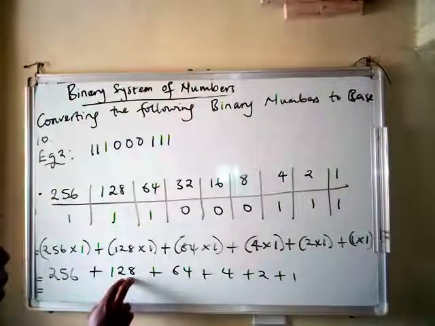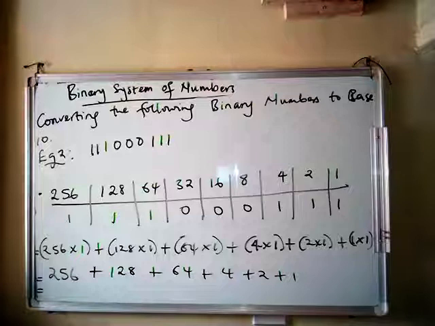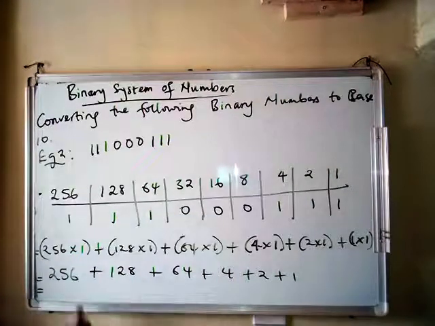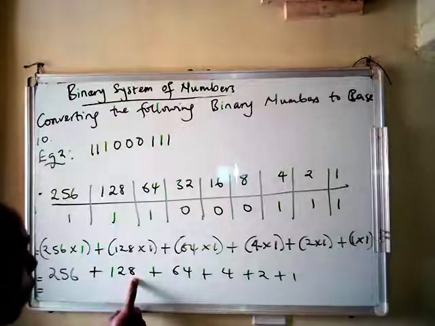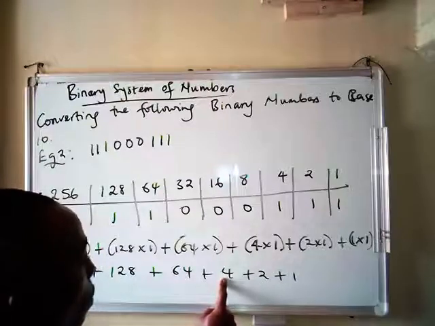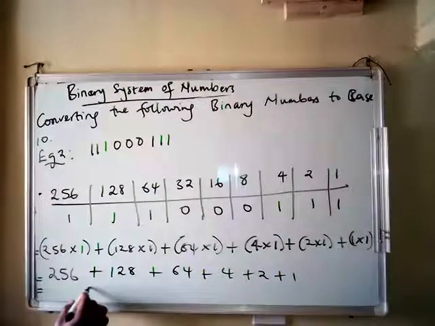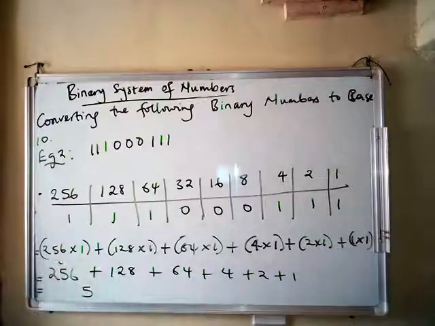Okay, so let's add the other, plus 4 times 1 plus 2 times 1 plus 1 times 1. See, it's important to add this 1 times 1 because it would surely change your values if you don't consider them.